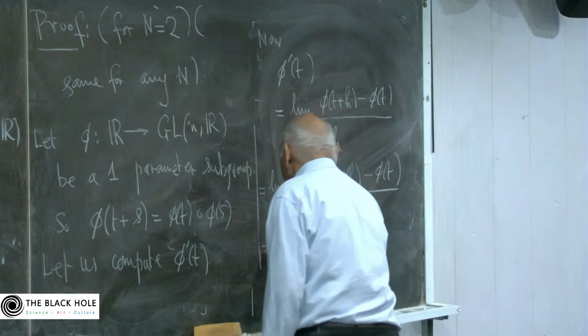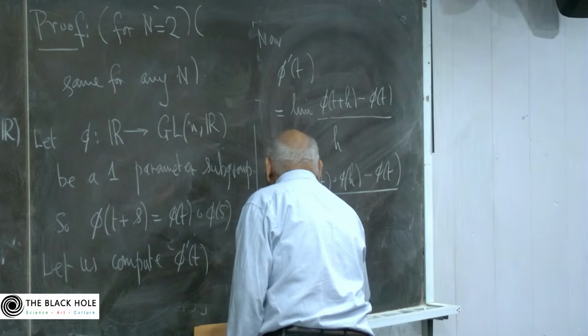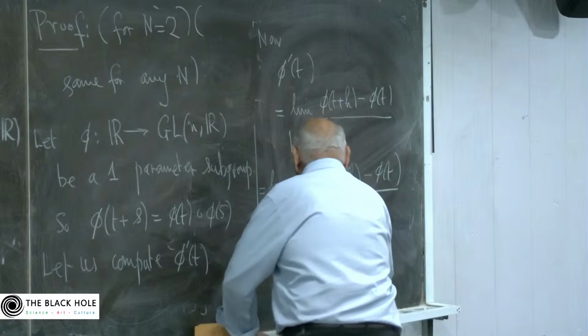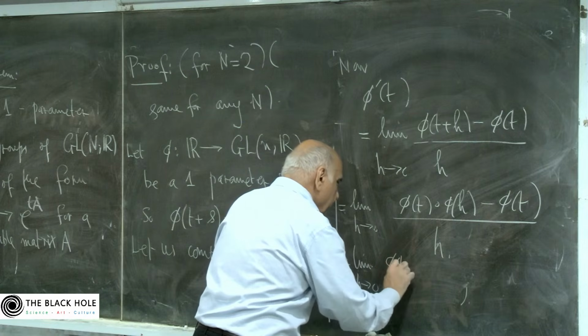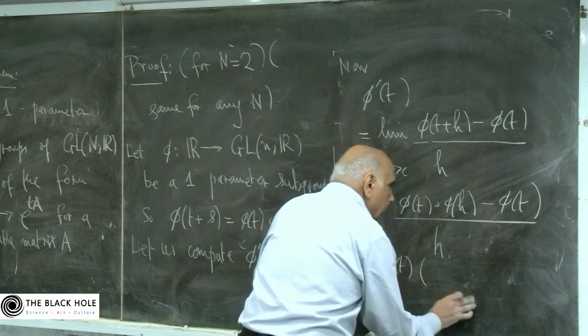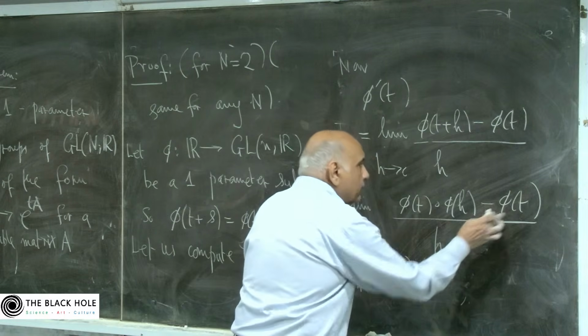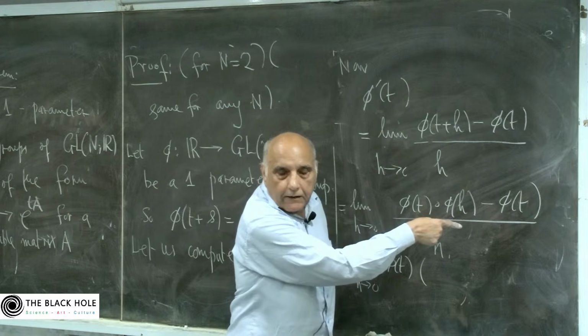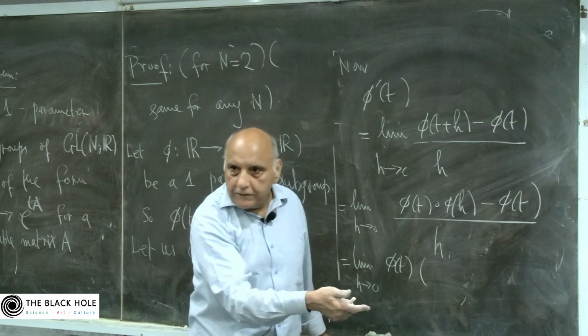And this I can factor out phi t. This is phi h minus, when I factor it out, what will be left here? Identity, right? And what is identity? Phi of 0.